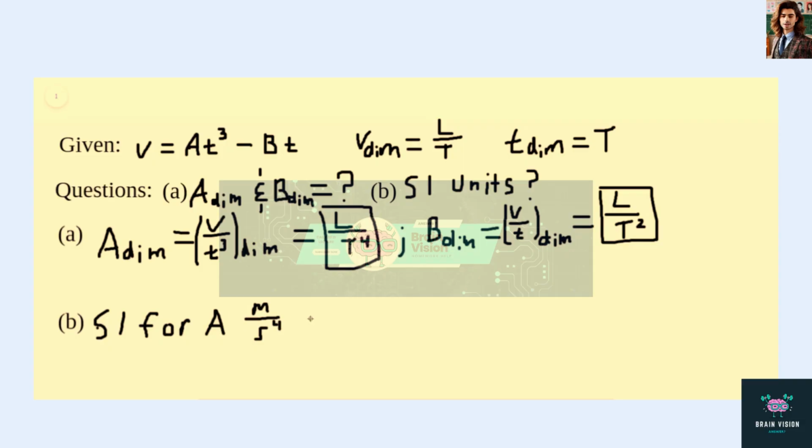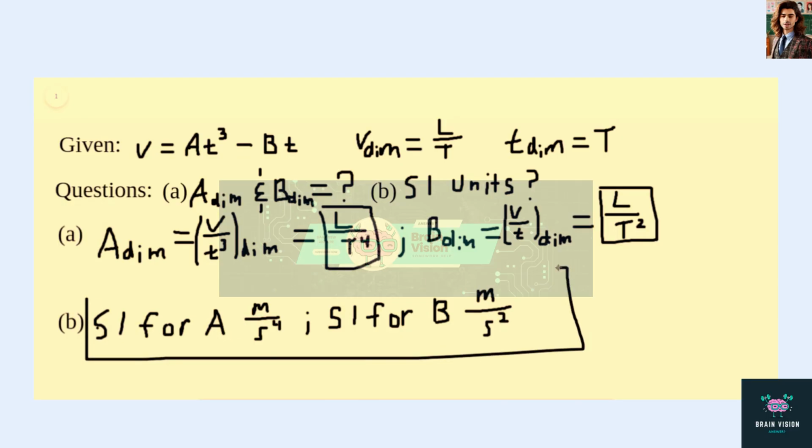Okay, and the SI for B then is going to be meters over seconds squared. And all of that is our solution for b. So we can go ahead and box that in.